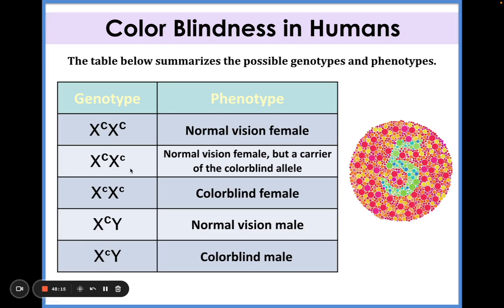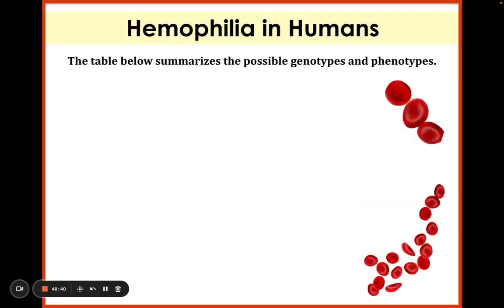That's why this carrier female, 50% of her sons will be colorblind, okay? Now, you could roll the dice each time you have an offspring. So could it be that if you're a carrier, you don't have any children that are colorblind? Sure, absolutely. But every time you have a new child or every time you have offspring, you roll that dice, okay?